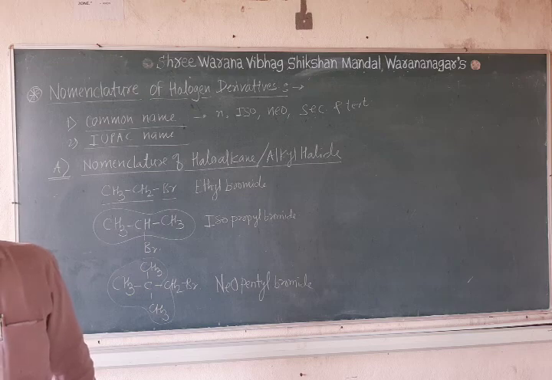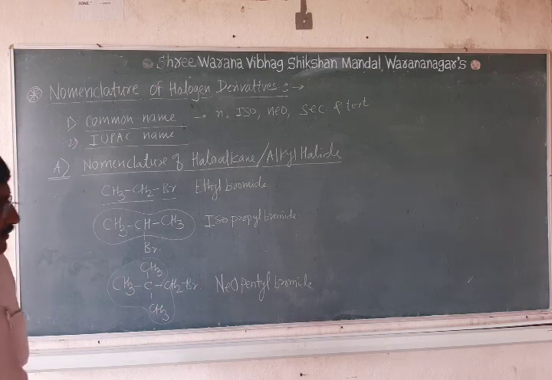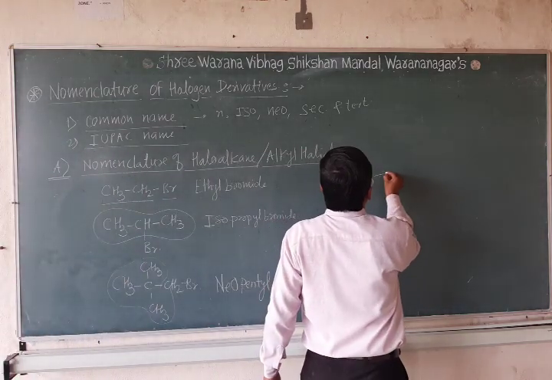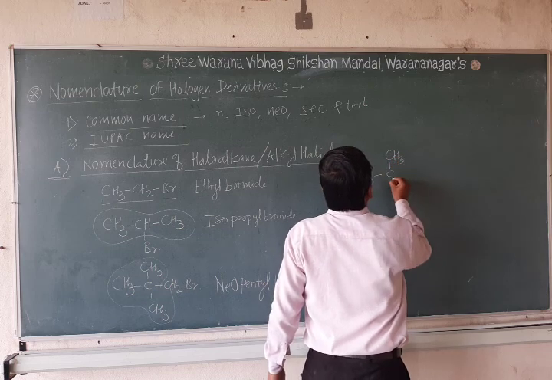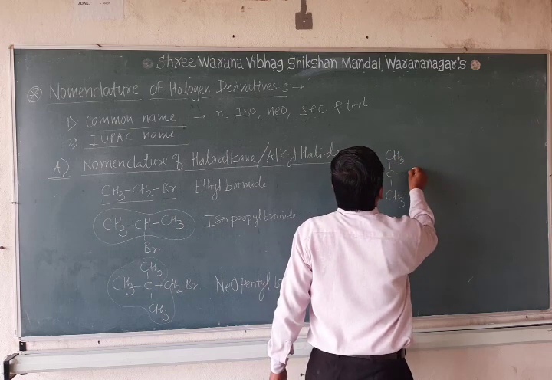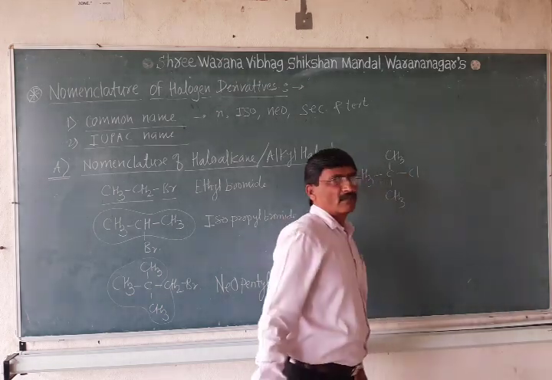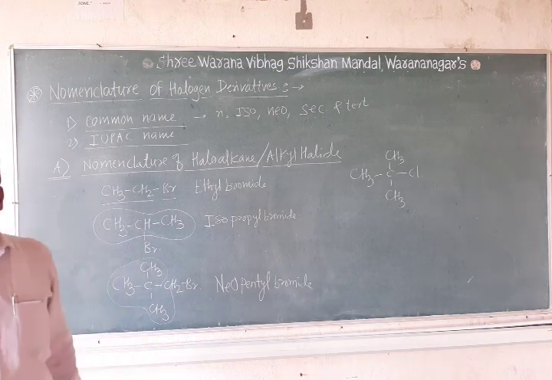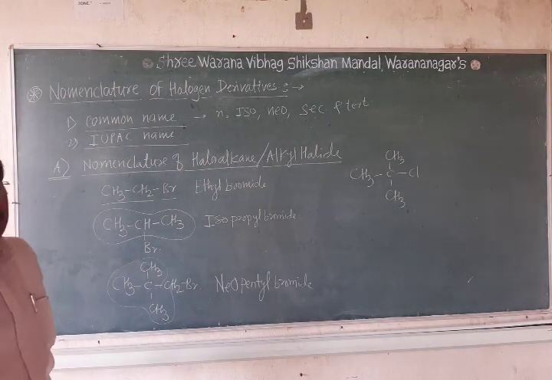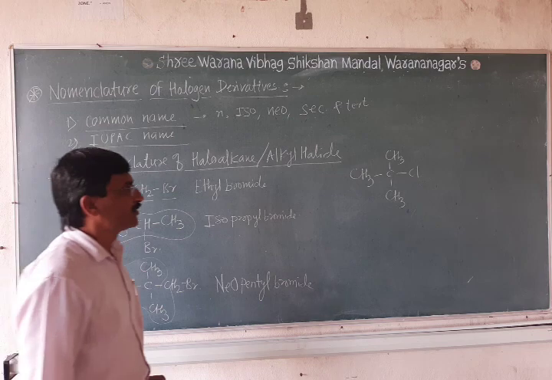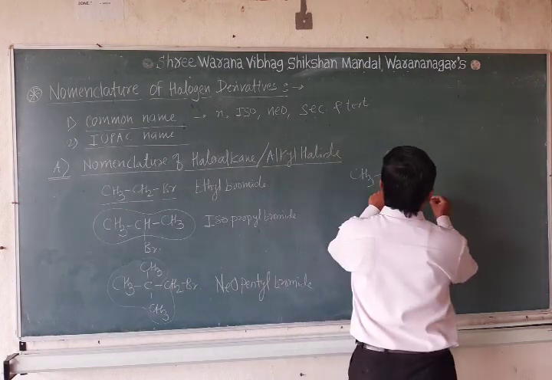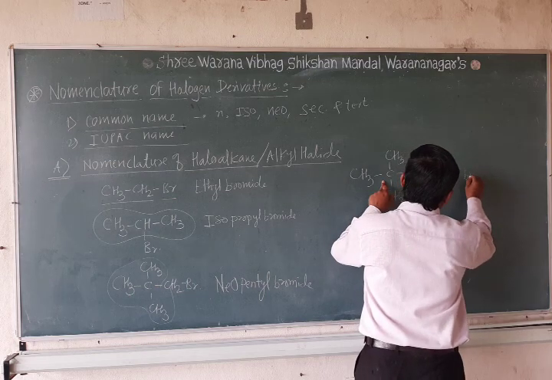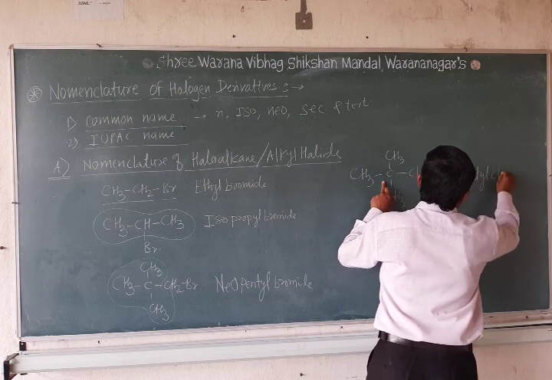Instead of that, if you take under consideration (CH3)3CCl, the name of that particular organic compound is tertiary butyl chloride.